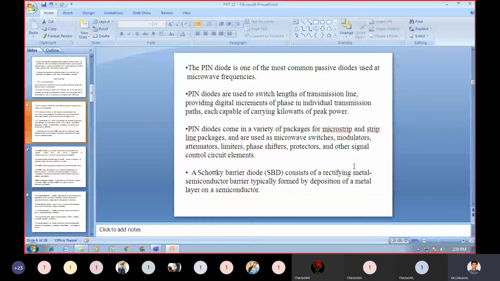A Schottky barrier diode (SBD) consists of a rectifying metal semiconductor barrier, typically formed by deposition of a metal layer on a semiconductor.